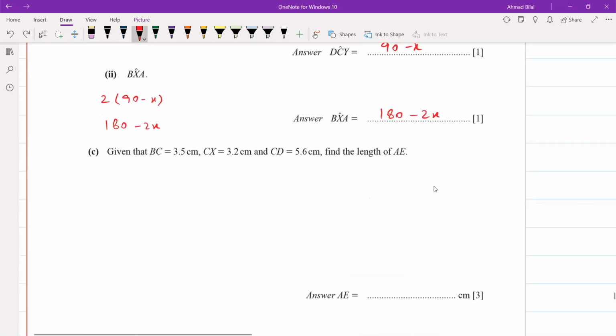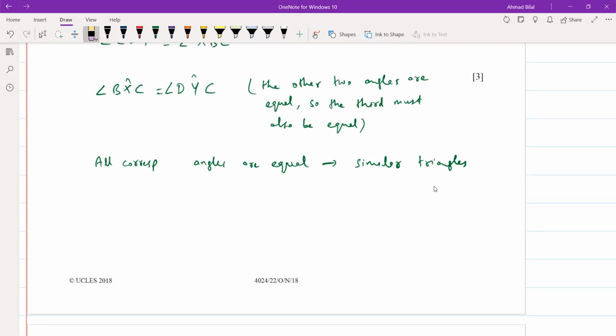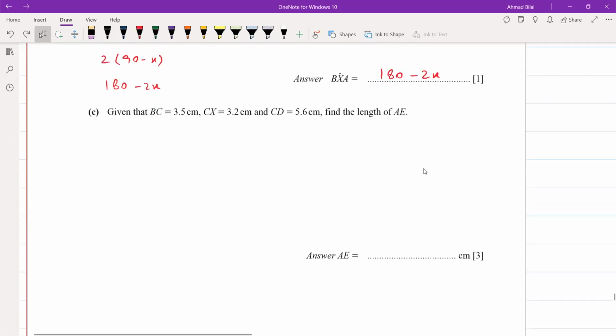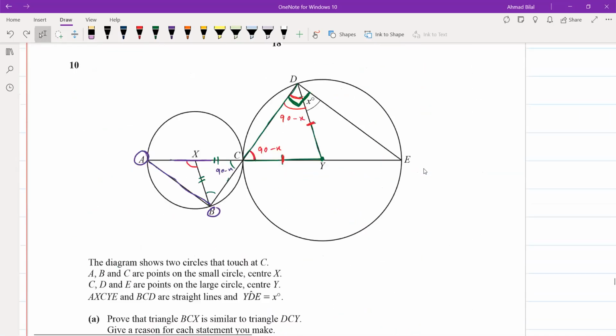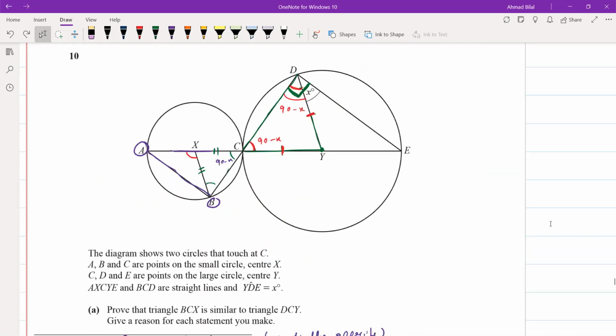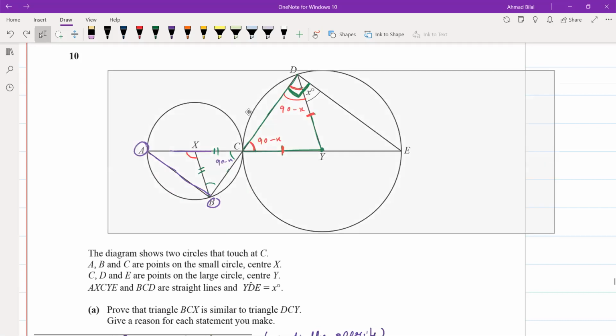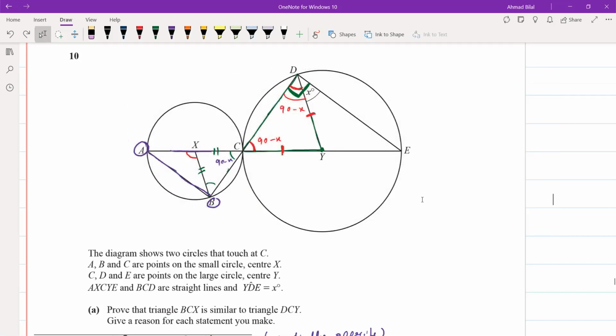Okay, given that BC is equal to 3.5 centimeters and CX is 3.2 and CD is 5.6 and the length of AE. So now we've got some information given about that circle. We've got some lengths given. हमें वो चीजें find करनी है जो उसने कहा हुआ है. So let's actually copy this over there. हम वहाँ पे copy कर लेते हैं.